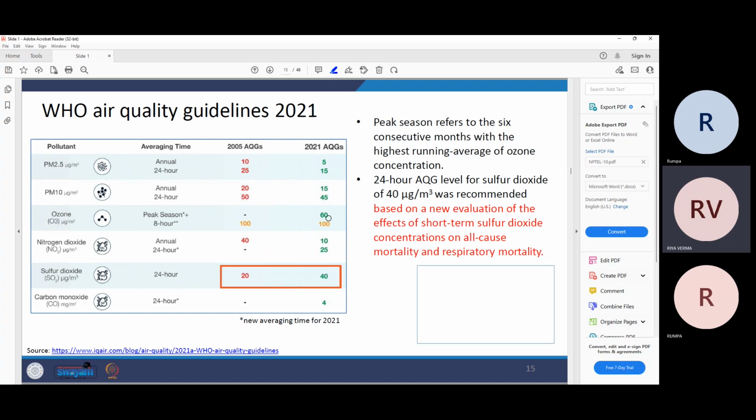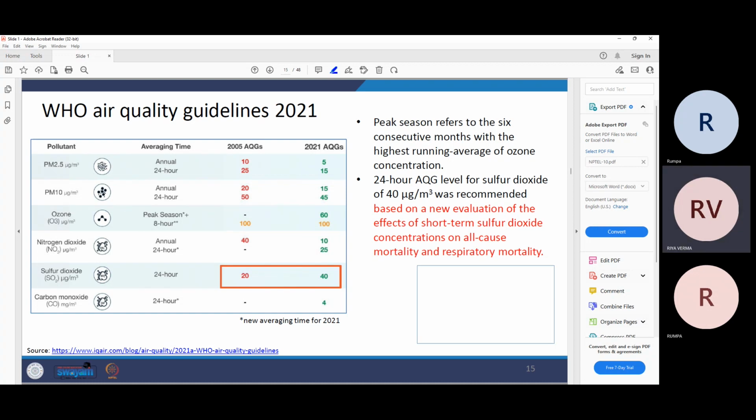It is 60 micrograms per meter cube, and the 8-hour average is the same as the previous one, 100 micrograms per meter cube. For nitrogen dioxide, the annual average was 40, and it has been reduced to 10 micrograms per meter cube. The 24-hour average is a new averaging time added in the 2021 guidelines, and it is 25 micrograms per meter cube.